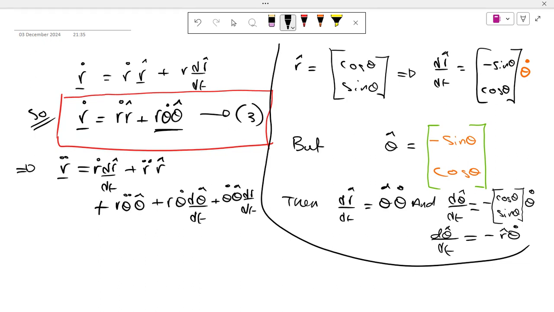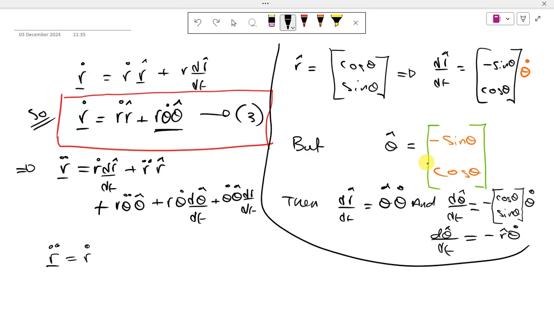So what we've got over here is r double dot, that's the vector r double dot, is equal to r dot, so like the magnitude, kind of the derivative of the magnitude of the radial vector, times dr hat by dt. Well, we know that's this here, so we'll just substitute that in.